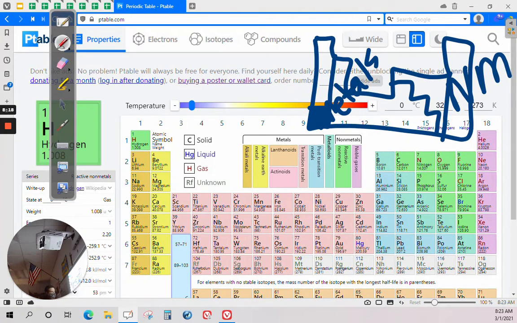This is group 18. This is group 17. Group 18 is not reactive at all. They're nonmetals, but they're not reactive at all. Group 17 then is the most reactive nonmetal, and fluorine is the most reactive nonmetal.